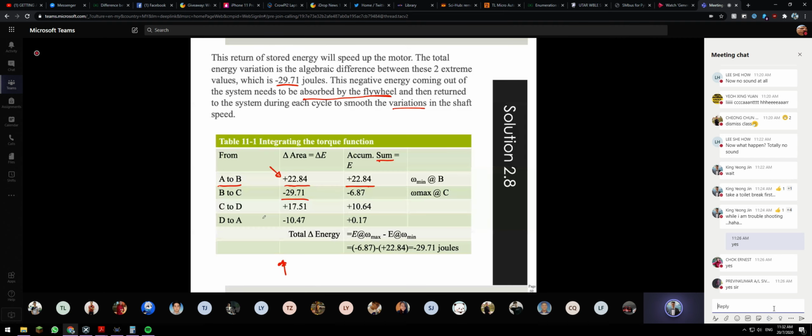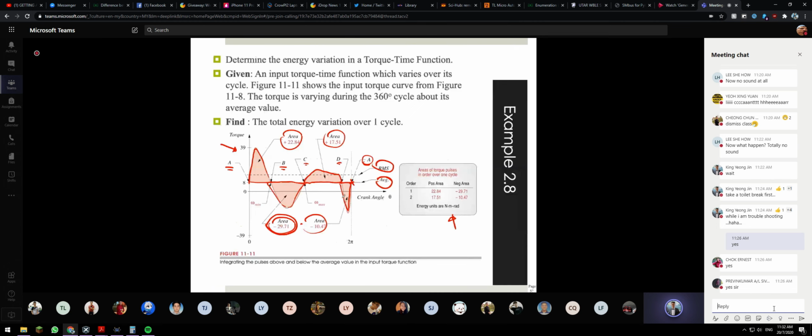So we put it here, from B to C, we gain this 29.71. So you take this one plus this one: 22.84 plus negative 29.71, that's why we get negative 6.87. Then looking further at the graph, we have another one, positive 17.51.